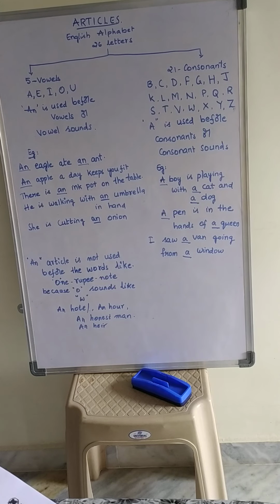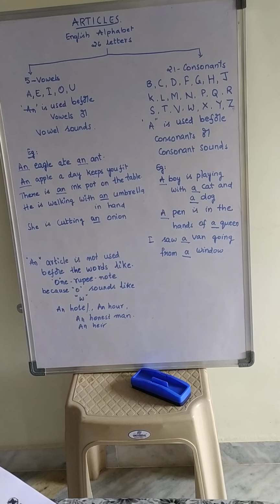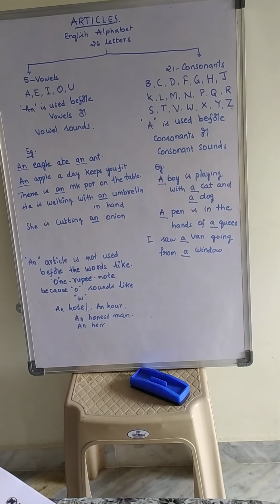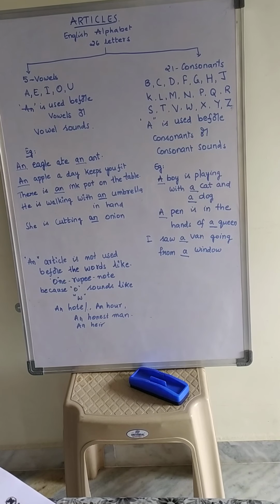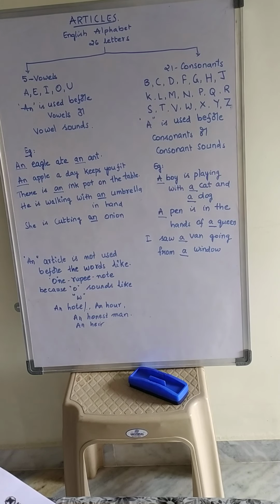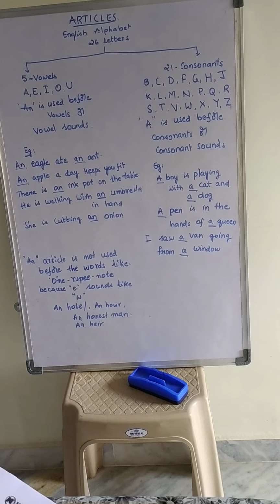So these words start with vowel sounds, and that is why we have to write the article an before them. That is an hour, an honest man. So that is about the article an and the article a.